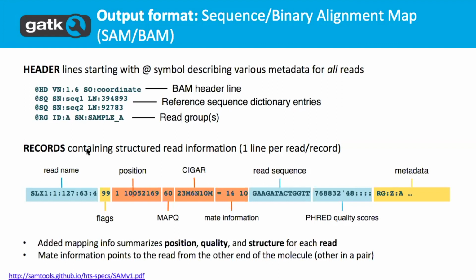I'll go into more details about that in a second. You have mate information, which tells you at what position the mate of that read was mapped, and also the insert size. Then you have the read sequence and quality score that come from the sequencer. And you have some metadata, for example, read group information and some other tags.